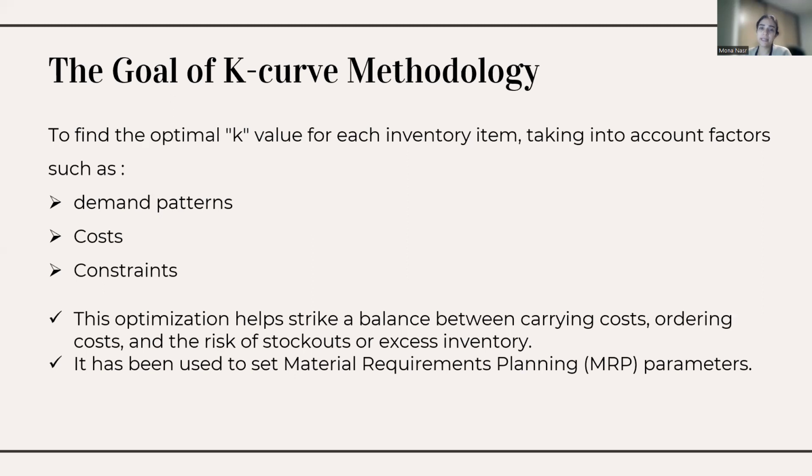The goal of the K-curve methodology is to find the optimal K value for each inventory item, taking into account factors such as demand patterns, cost, and constraints. This optimization helps strike a balance between carrying cost, ordering cost, and the risk of stockout or excess inventory.